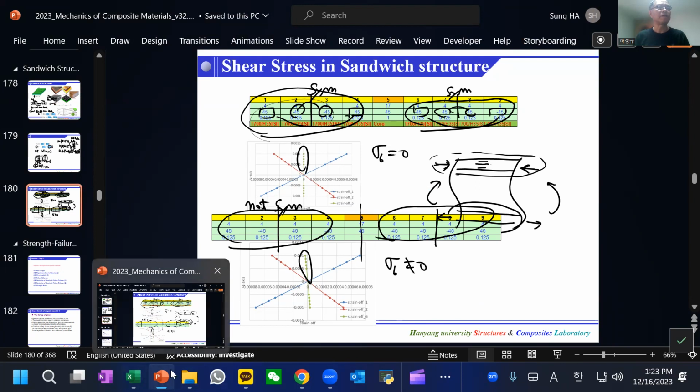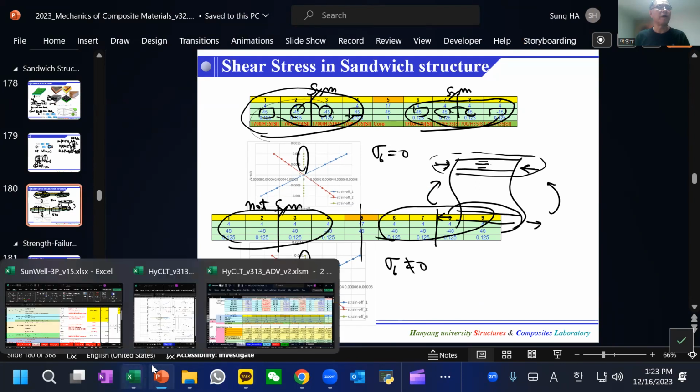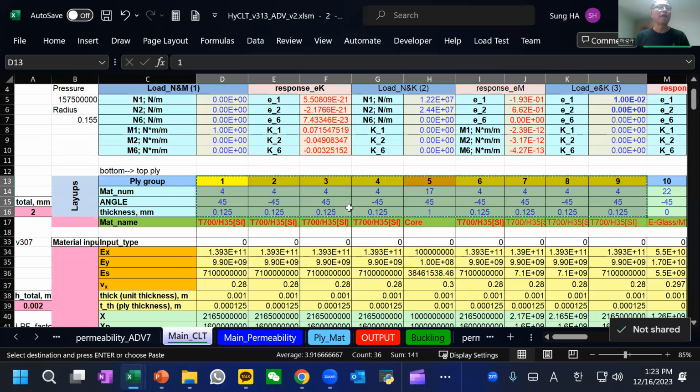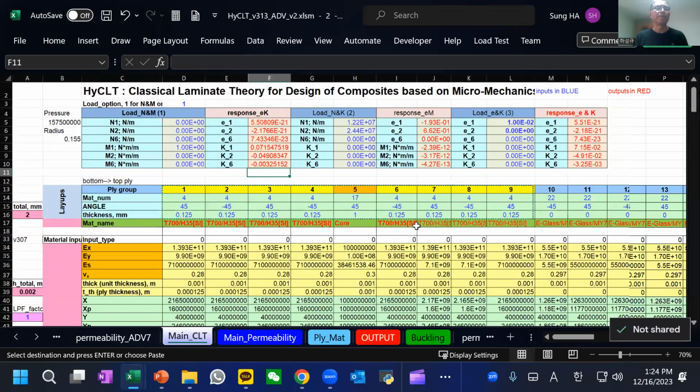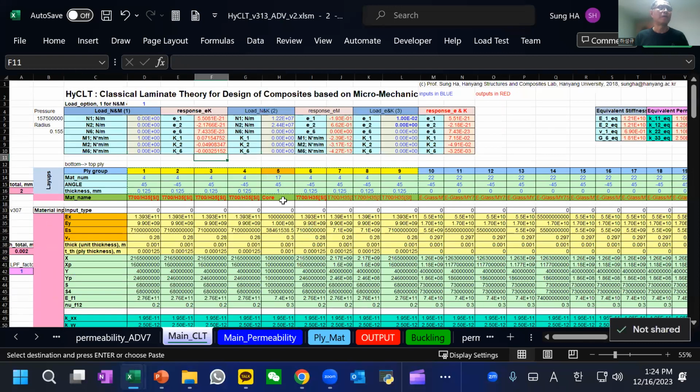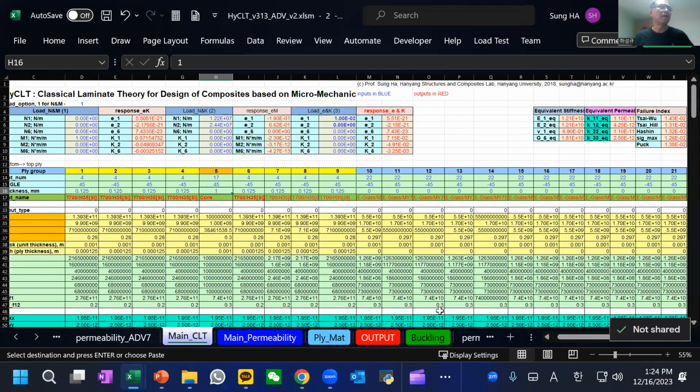The most important point is that now you are able to enter the layup sequence and the structural behavior. Let's try to use the effect of this thickness. We don't change any layup sequence.